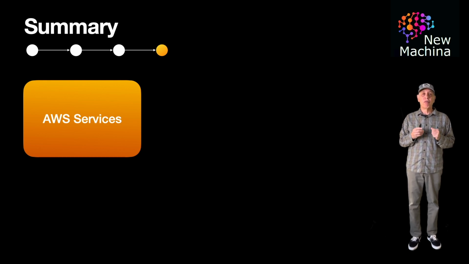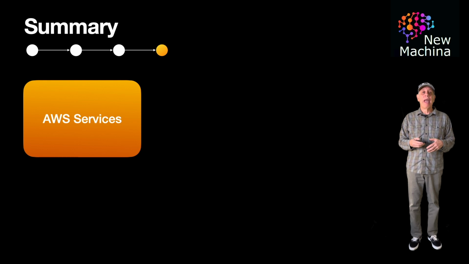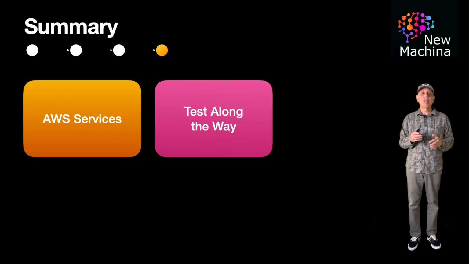Today is the first of 5 videos in this video series, and I acquired the web domain using Route 53, and I built and deployed the web tier into Amazon S3. If you decide to build this end-to-end system on your own, I strongly encourage you to test subsystems along the way.